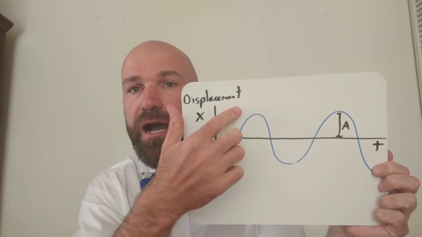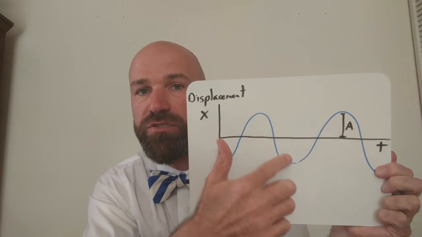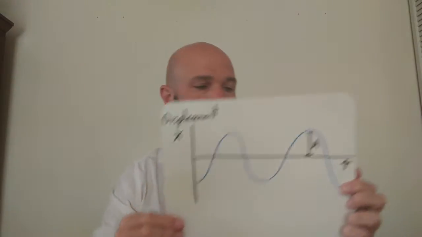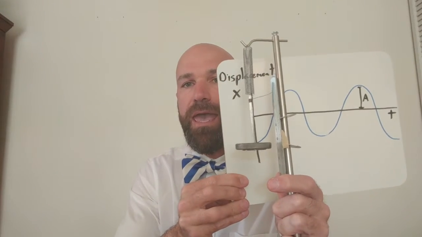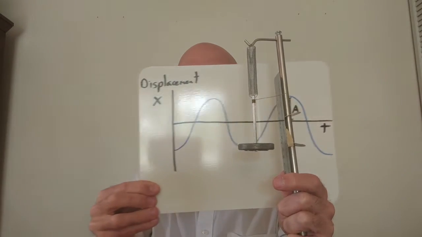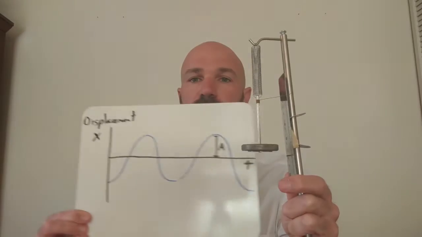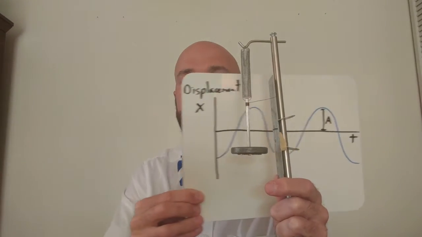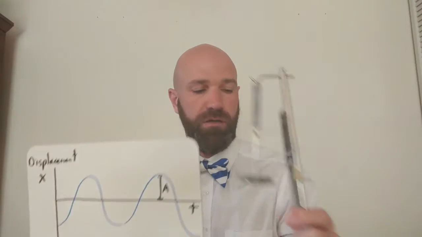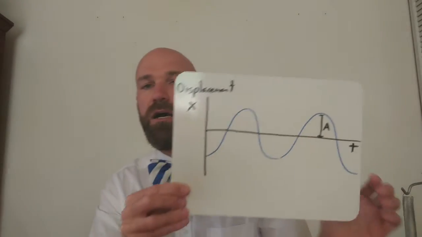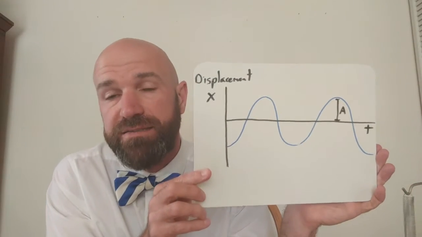But you can imagine, as this thing goes up and down, if I were to put a marker on here and let this thing go, that marker could draw a path on the whiteboard, it would draw that blue line. As time goes on, it would draw that blue line going up and down, up and down.